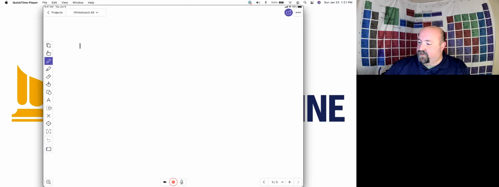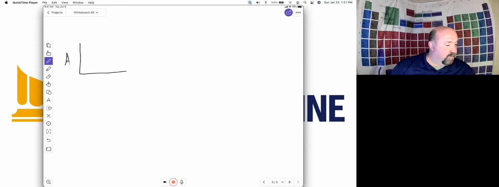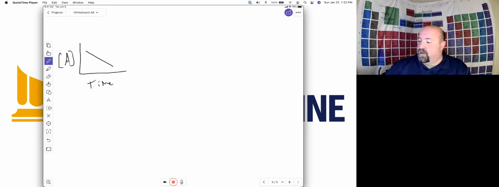And so, for instance, if you take a graph of your concentration over time, if that graph is linear, then that means you have what we would call a zero order reaction. So the order with respect to that reactant would be 0.